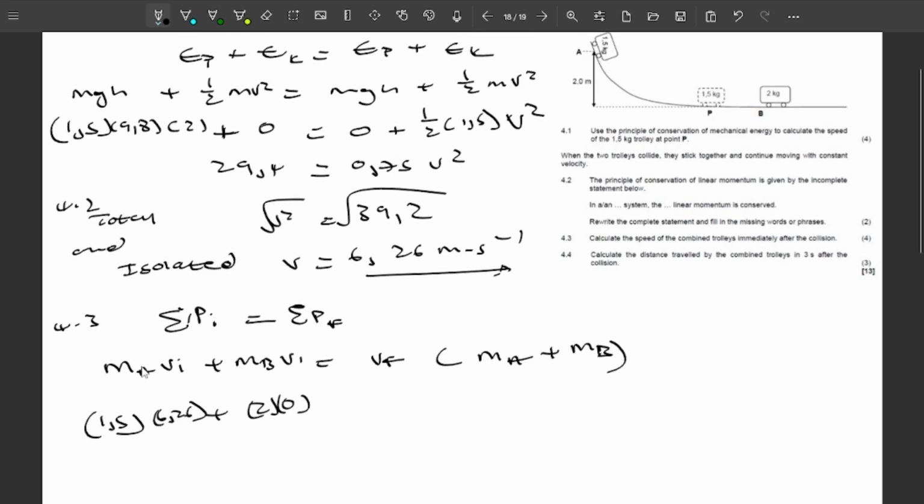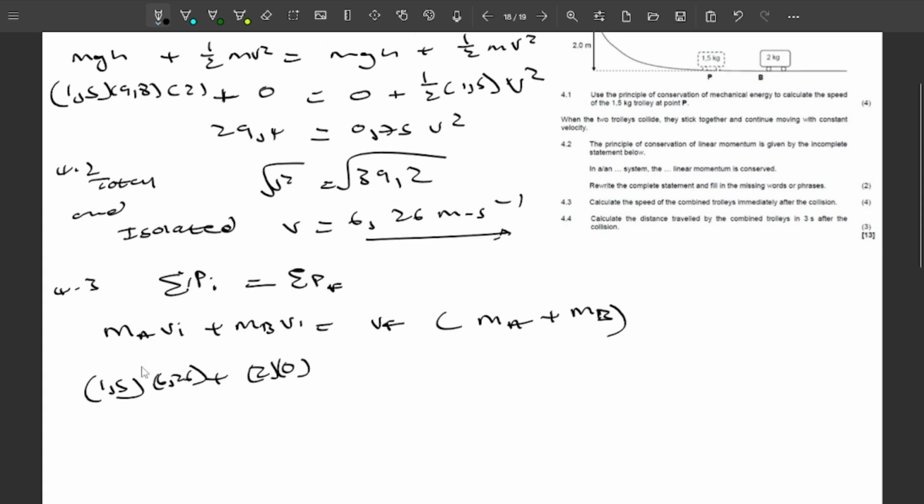Now for someone who's wondering, we took the V initial from this point B for the 2 kilogram. For the 1.5 we took it from this point, since they come into contact with one another at B. So the VF that we're looking for, with the two masses, we're going to have 1.5 plus 2. From there, we divide both sides by that answer. Let's simplify it. So 1.5 multiplied by 6.26 is going to be 9.39.